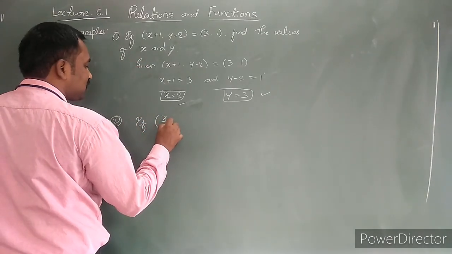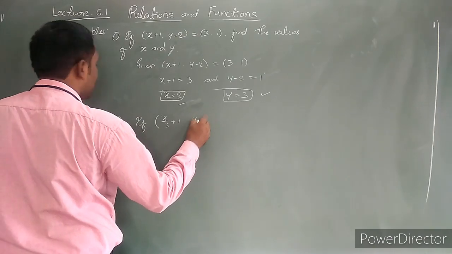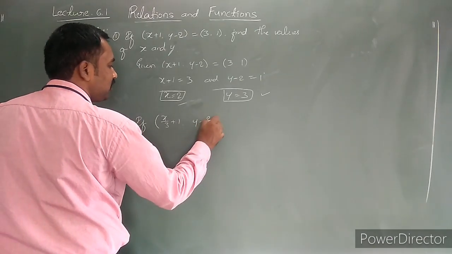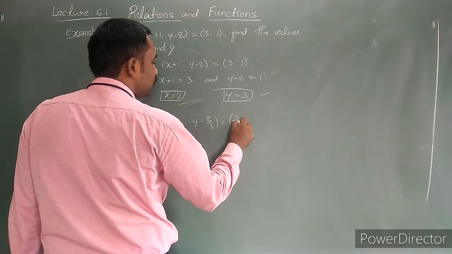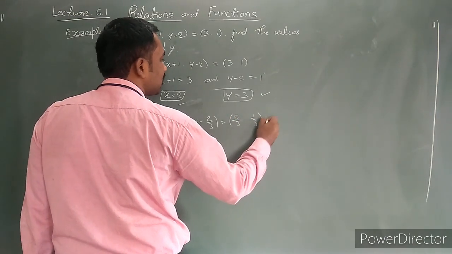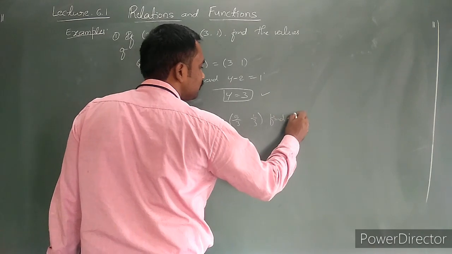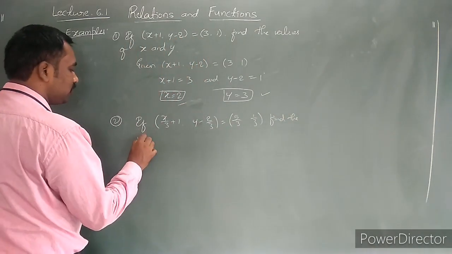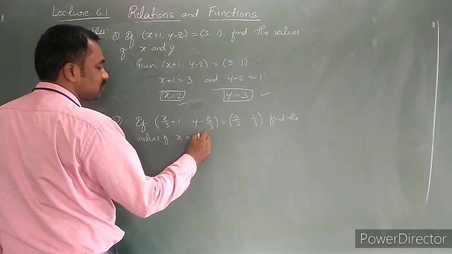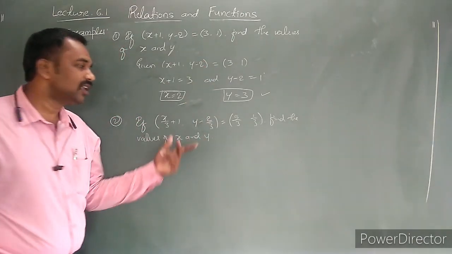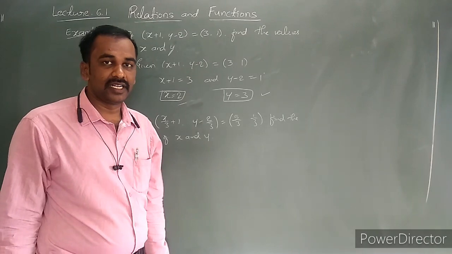If (x/3 + 1, y - 2/3) is equal to (5/3, 1/3), then find the values of x and y. Very simple. You can pause the video and solve it. Let us continue.